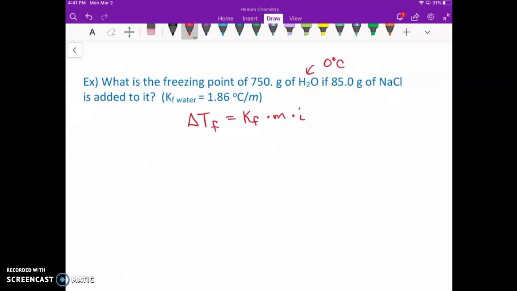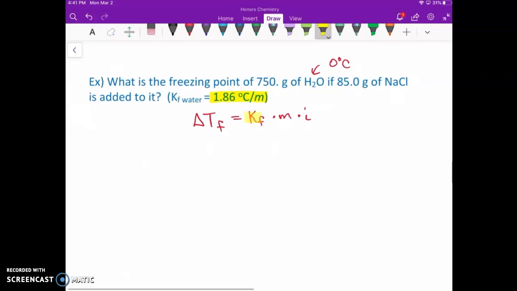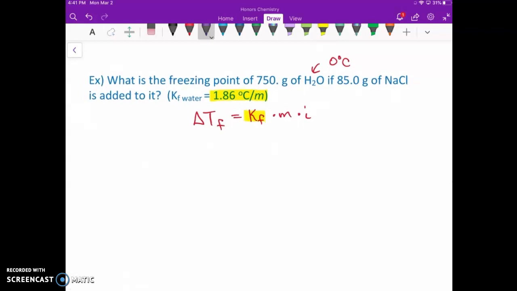Let's do this one step at a time. The K_f is given to us, 1.86 degrees Celsius per molal. So that's taken care of. Molality is not given to us, but let's see if we can find it. We have 85 grams of NaCl. Let's go ahead and convert that into moles.